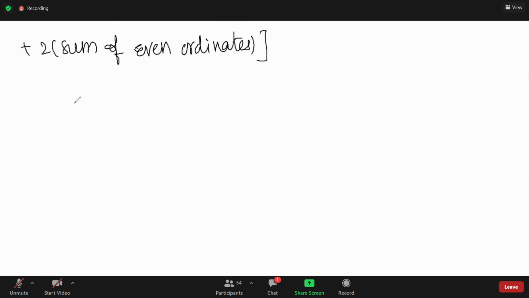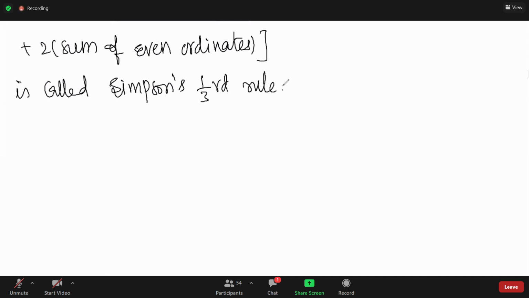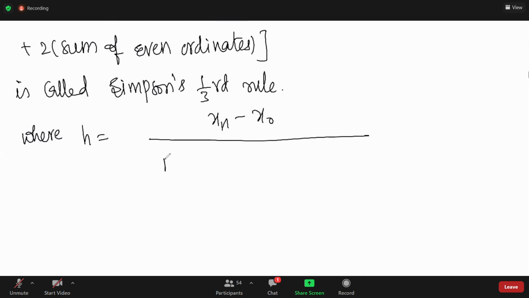This is called Simpson's one-third rule. Here h is equal to xn minus x0 by number of subintervals.